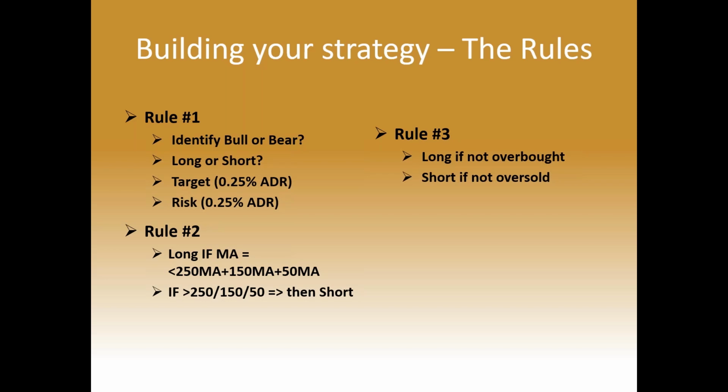And then let's say you go to rule number 4. I will only take this long now if all the previous rules match up: the moving averages are correct. It's telling me it's not overbought yet. And the trend is actually up and it's at the bottom of the channel of the uptrend.